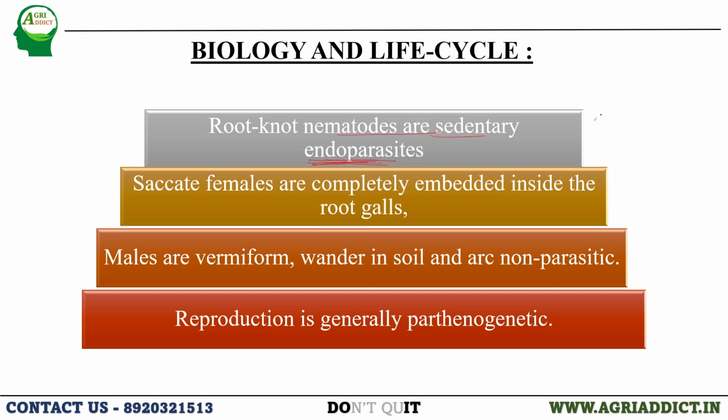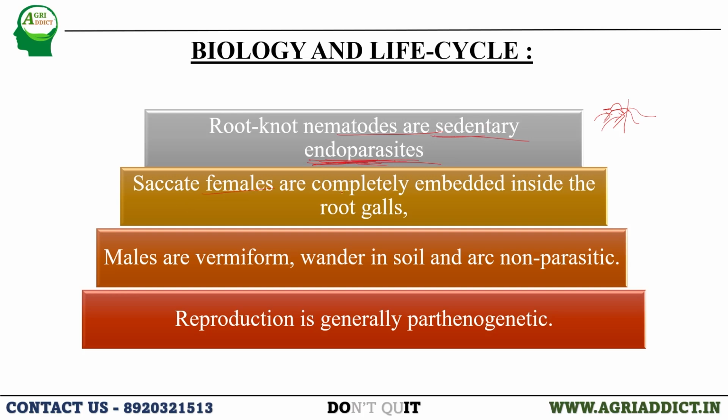That means it will enter inside the root system and cause infection, and it will stay at one site only. It doesn't show any movement after entering the root system, and enjoys food substances drawn from the plant roots, without any migratory movement. So they are called sedentary endoparasites.